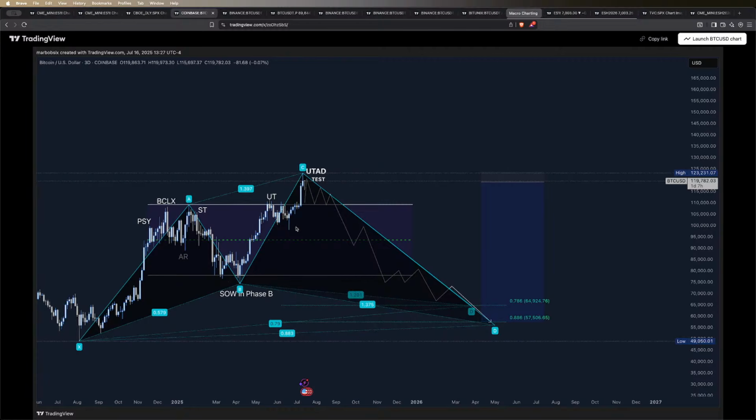However, since this pattern is based on the weekly, please remember what other technicians, other practitioners, other pseudo traders out there, what their goal was in July, August, October at these highs. Were they calling for higher levels, 200,000, 150,000?